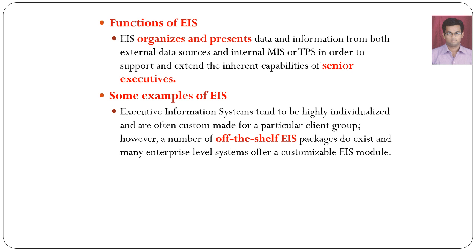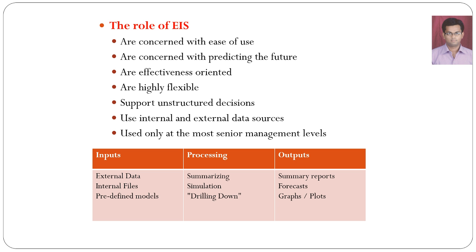Executive information systems tend to be highly individualized and are often custom made for a particular client group. However, a number of off-the-shelf EIS packages do exist, and many enterprise-level systems offer customizable EIS modules. The role of an EIS is explained with the help of the following essential bullets.